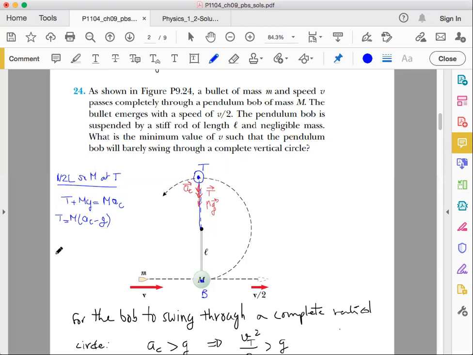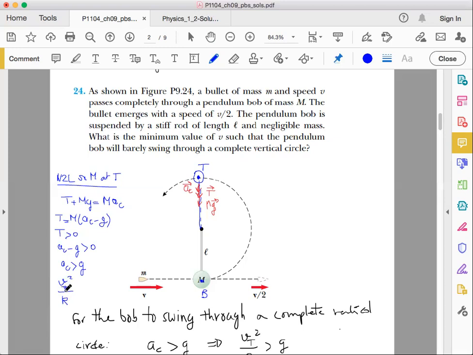Now, what is the minimum value of the tension? The tension should be all the time greater than 0. This means that a_c minus g should be greater than 0, because this is the difference to which T is proportional. That means a_c should be greater than g. Now, what is the centripetal acceleration at point T? It's given by the velocity at point T, v_T squared divided by the radius of the circle.